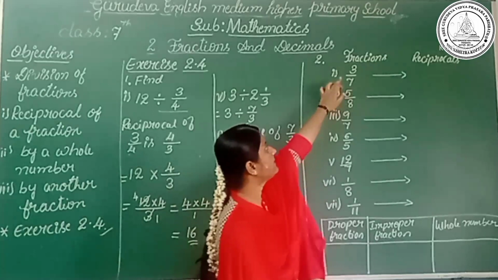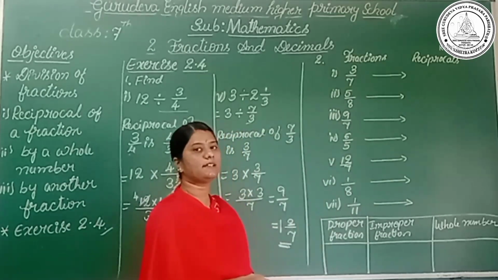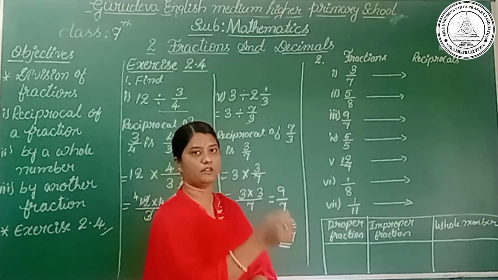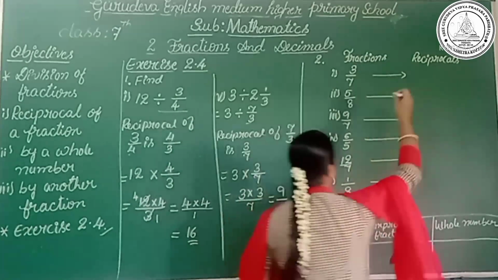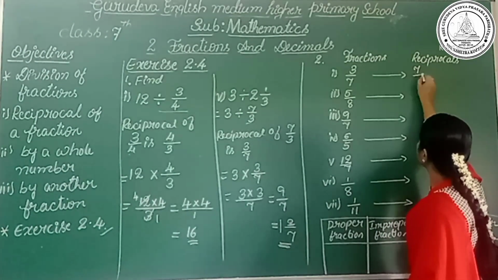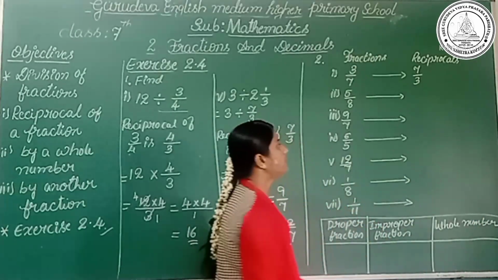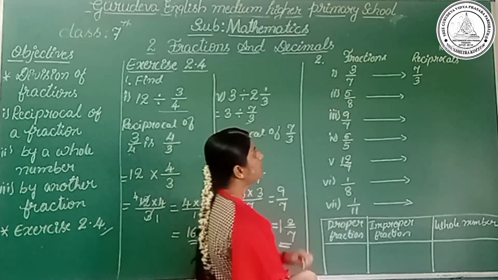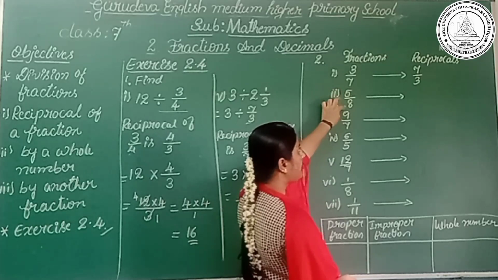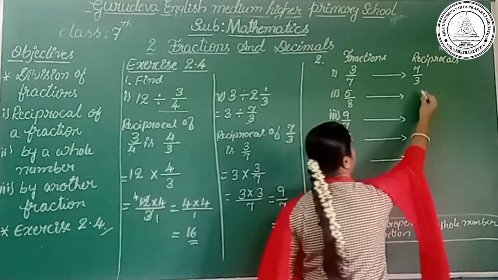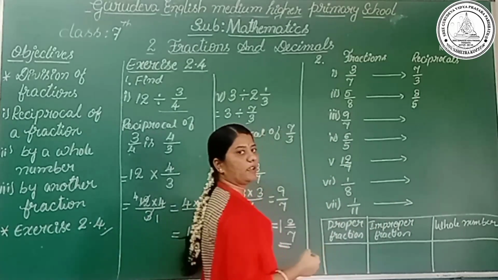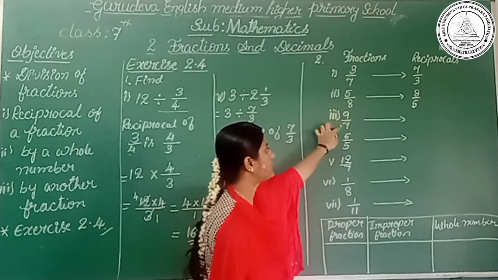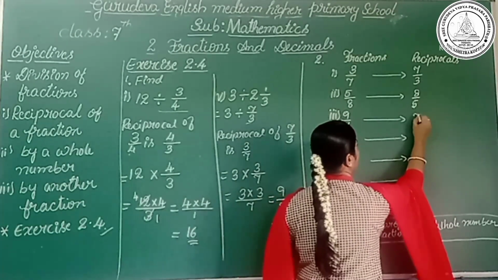The fraction is 3 by 7. What is the reciprocal of 3 by 7? The reciprocal of 3 by 7 is 7 by 3. The reciprocal of 5 by 8 is 8 by 5. The reciprocal of 9 by 7 is 7 by 9.